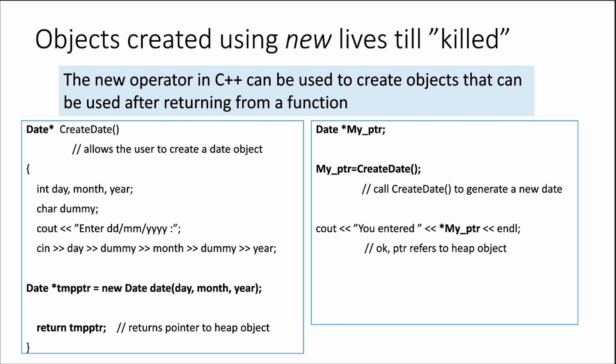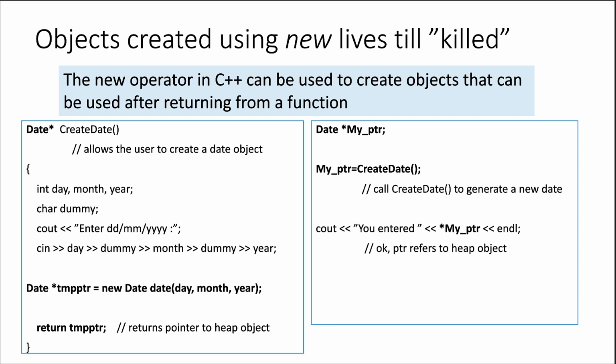So observe what happened. You have exited this function, the create date function. You finished and exited, because you encountered return and you came here. And once you finish this and come here, what happens to this temp PTR? Or what happens to the allocation? Temp PTR was a local variable, right?